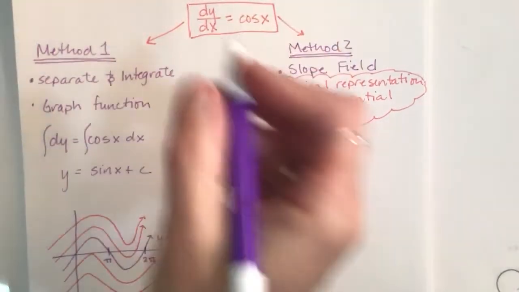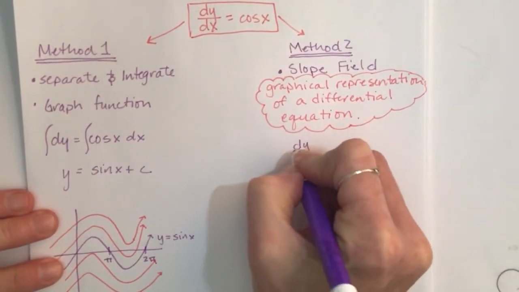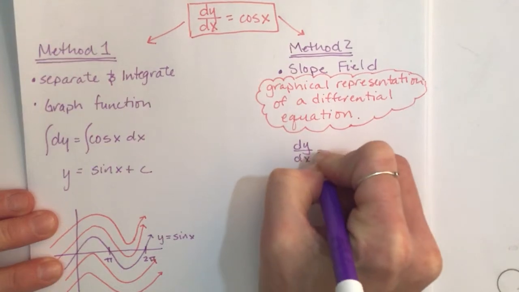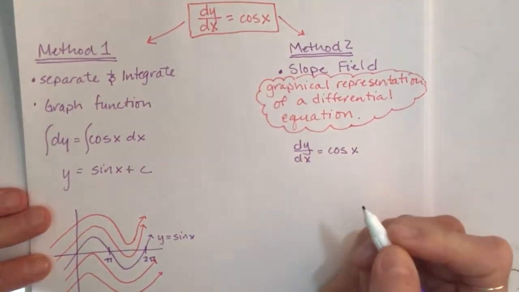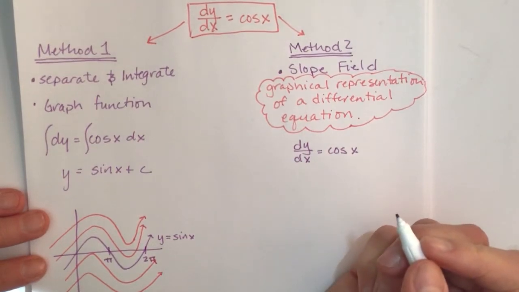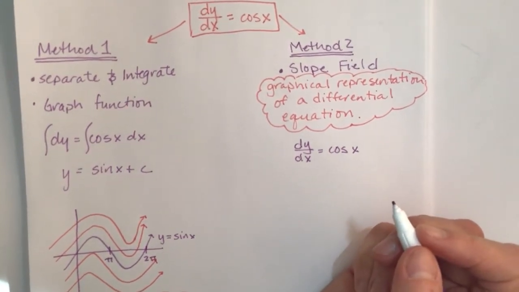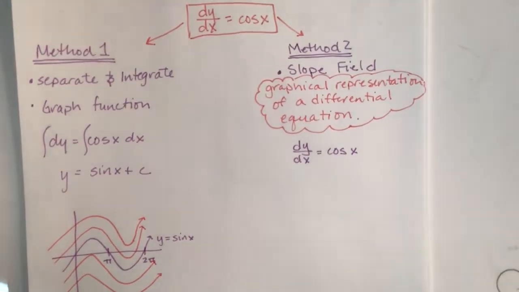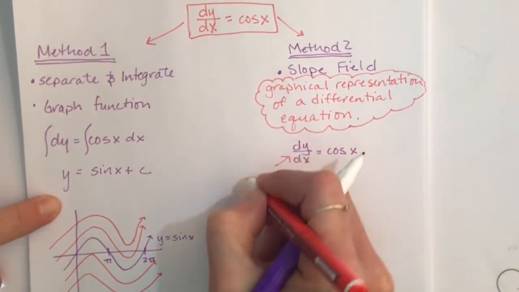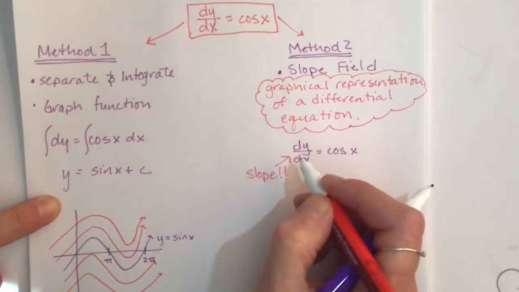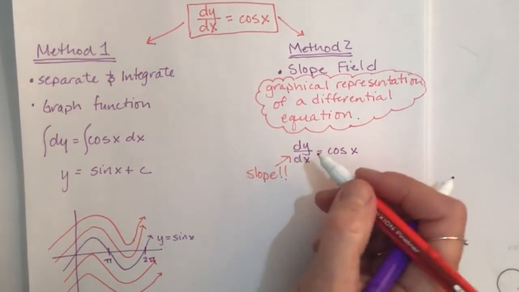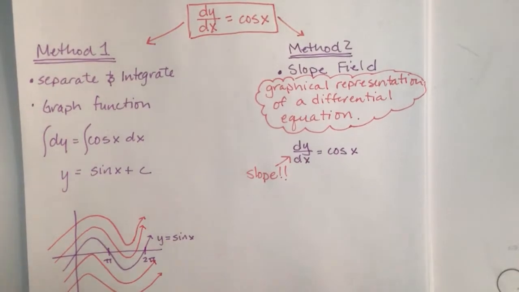We have our dy dx is equal to cosine x. And what is dy dx? Yeah, I know you just said it. It's the slope, right? So what we're going to do is graph the slopes.